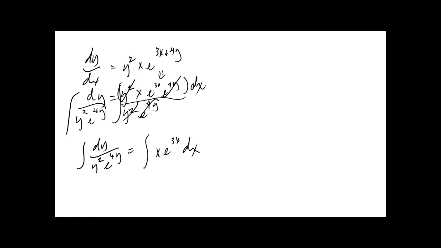This is not a particularly easy thing to do. Actually, it's not too bad, now that I think about it. Rewrite this side to be the integral of y to the minus 2 e to the minus 4y dy.